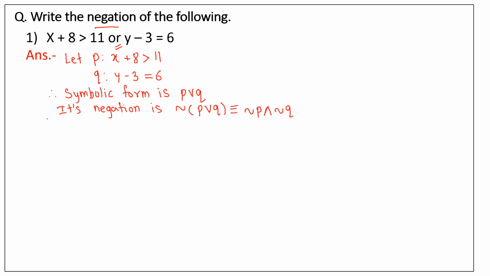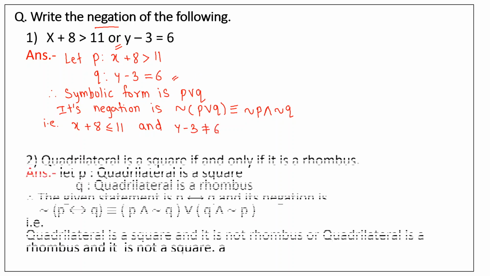But we have to write this in the given form. Negation of P is x plus 8 is less than or equal to 11, and negation of Q is y minus 3 not equal to 6. So this is the first example.